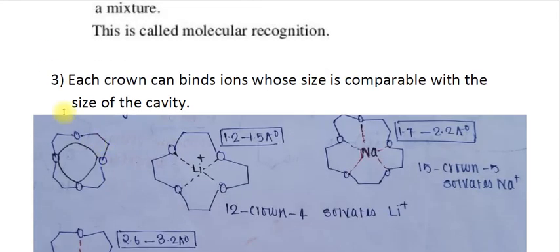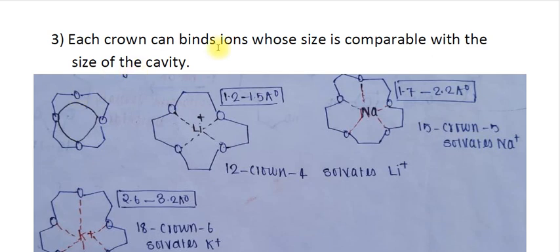Then the third one is each crown can bind ions whose size is comparable with the size of the cavity. I have already explained that. That means each crown can bind with a particular cation in such a way that the internal cavity is similar to the size of that cation.